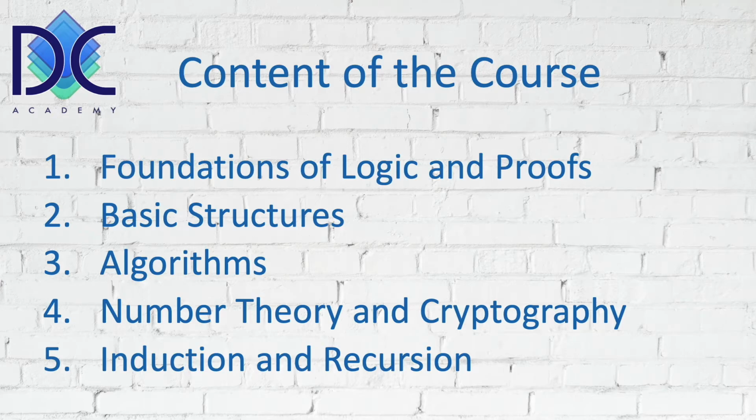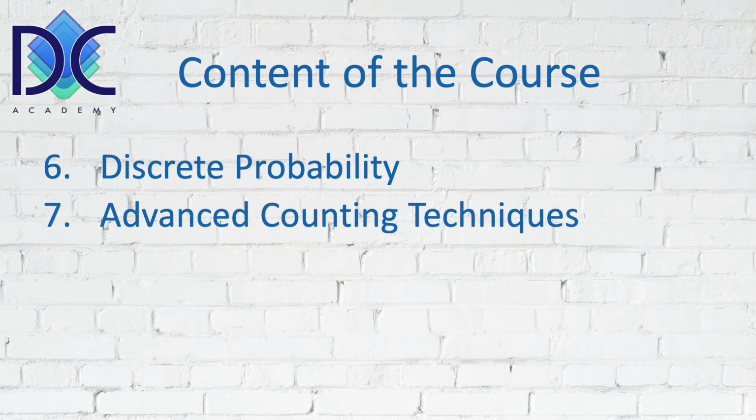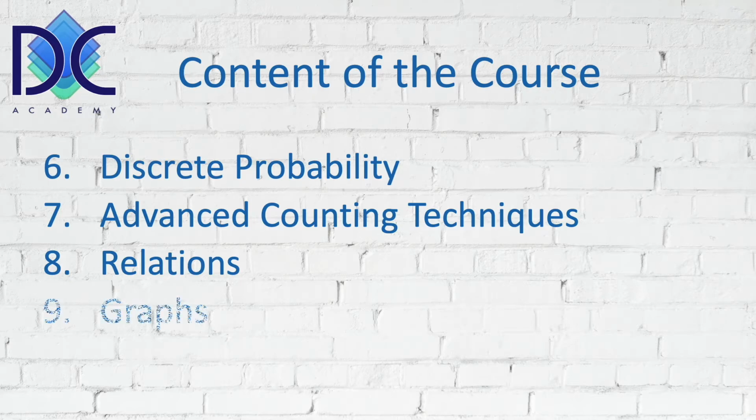Another element we are looking at is induction and recursions. We have to identify what they are, how we use them in the different programs. We continue with discrete probabilities. What are they? What are the elements that we can use from them? We look at advanced counting techniques. Then we continue with relations, different relations between parameters, between data. We also consider graphs.